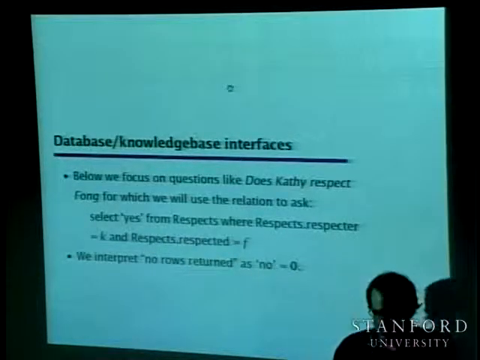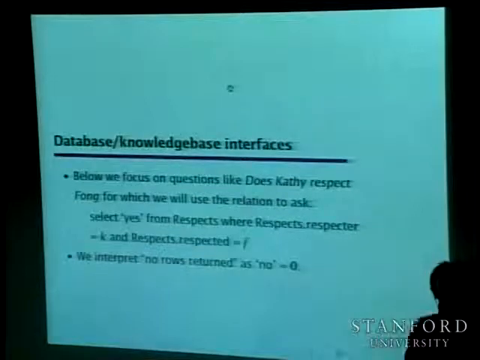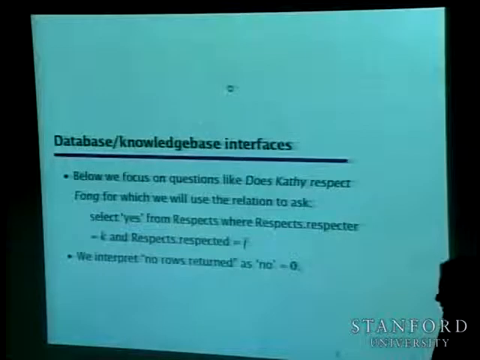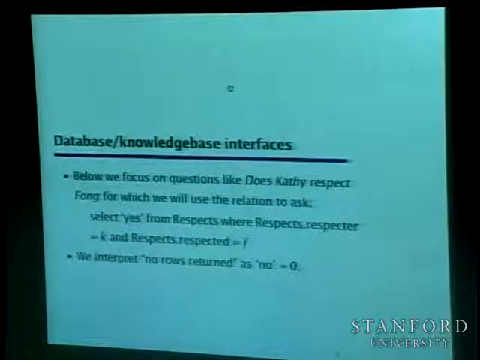If this relation is in the database, SQL will return yes, and if it isn't, SQL will return no rows returned, and we interpret no rows returned as just meaning no.